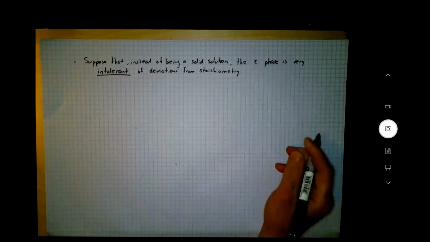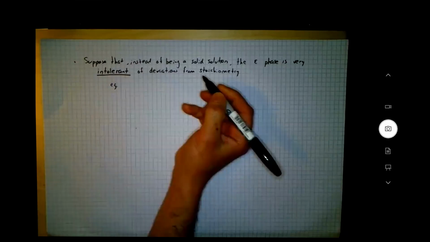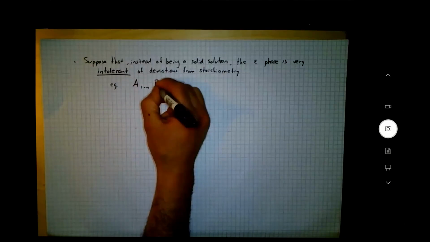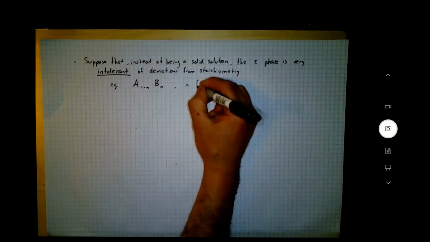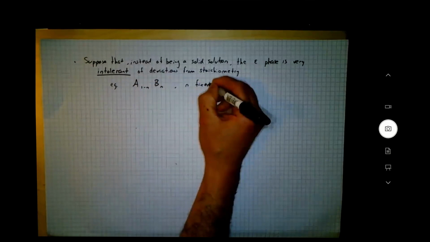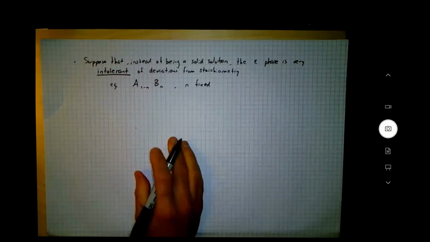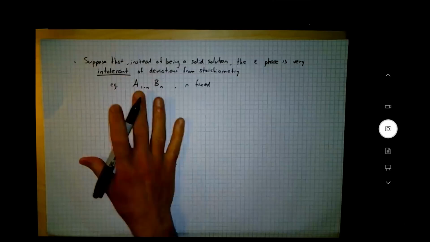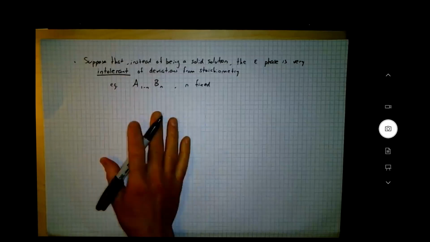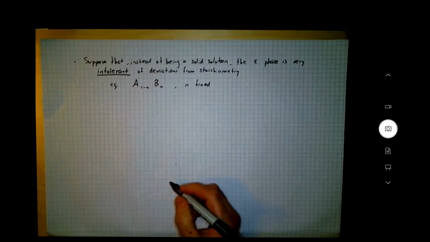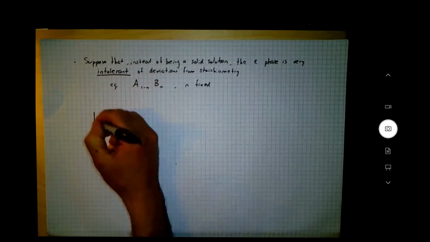So for instance, let's say we have A 1 minus n Bn, but in this case, n is fixed. It doesn't vary in nature. So this is a little bit more like a molecule than a solution, right? If n is fixed, it's a little bit more like a molecule than a solution. How does that look on the free energy composition diagram?